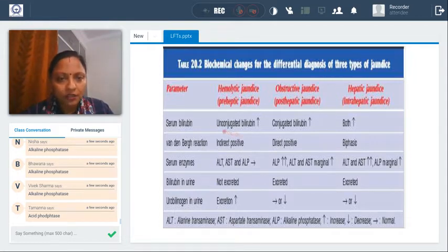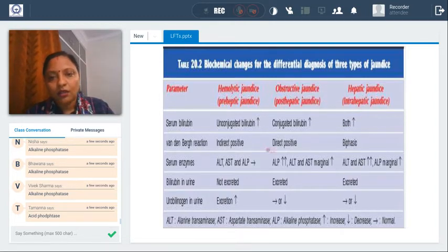So this is the important aspect of the differential diagnosis of three types of jaundice. First is hemolytic, second is obstructive, which is post-hepatic in nature, and third is hepatic, which is intrahepatic. Unconjugated and conjugated bilirubins are both increased in hepatic jaundice, in obstructive conjugated only, and in hemolytic unconjugated.